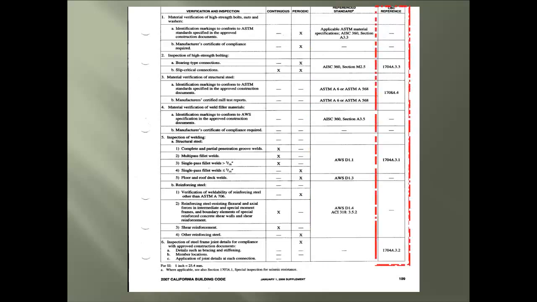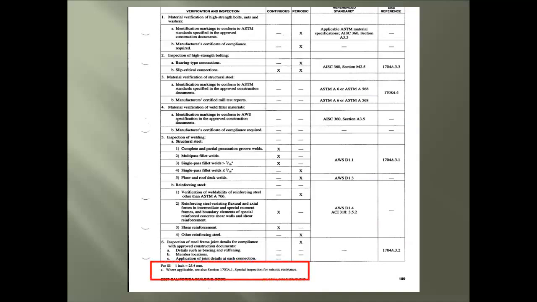The last column to the right is the California Building Code reference, which gives the code section where this discipline is discussed further. And lastly, always remember the footnotes to any table or chart. This will provide a tremendous amount of information.